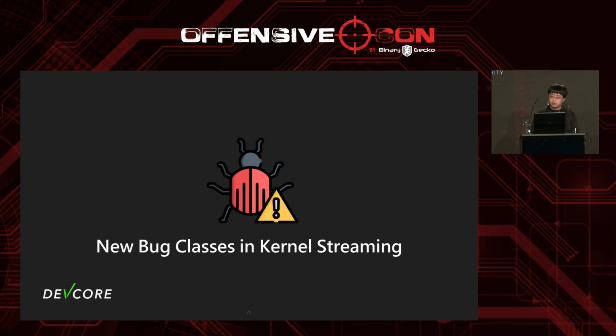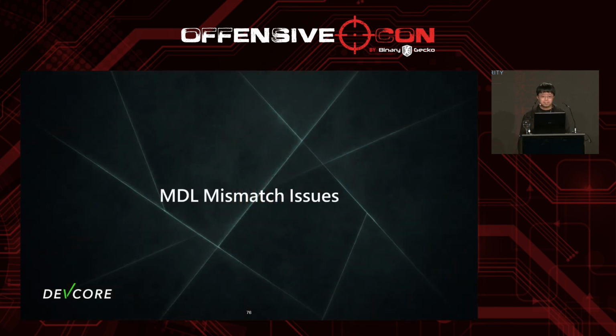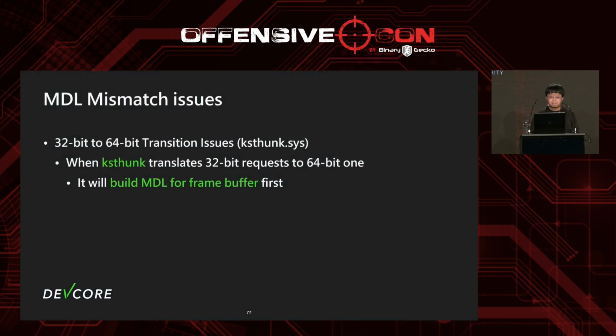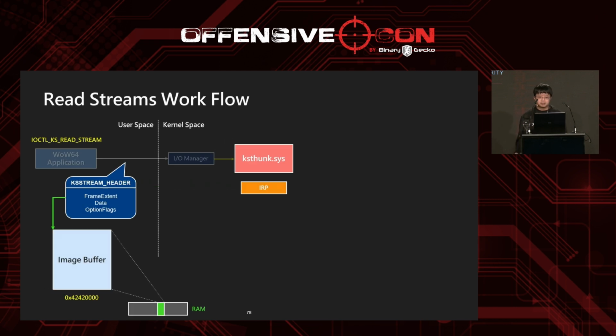Okay, let's talk about the new bug classes we discovered during our research on kernel streaming. The first bug class is MDL mismatch. When KSUNC receives a 32-bit request, it not only converts the request to 64-bit, but also pre-allocates an MDL for a frame buffer. As shown in this diagram, when we send a 32-bit request, KSUNC will process it first.